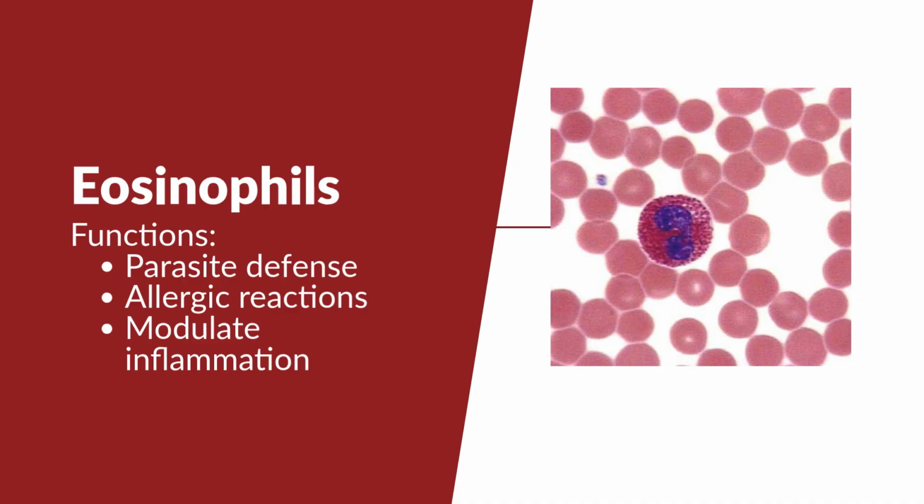Drug reactions: eosinophilia may occur with antibiotic reactions, hypersensitivity syndromes, and medication allergies. Hodgkin's lymphoma association: eosinophilia can also occur in Hodgkin's lymphoma. This happens because Reed-Sternberg cells, remember Reed-Sternberg cells, if you see that, automatically think eosinophil. They release cytokines that attract eosinophils.